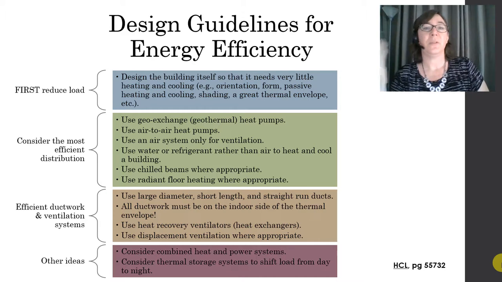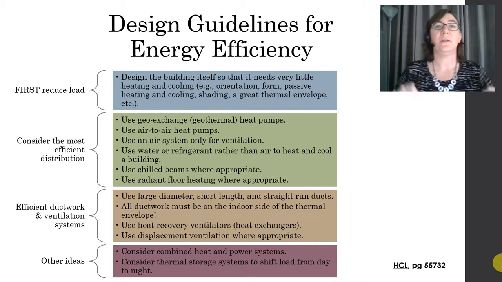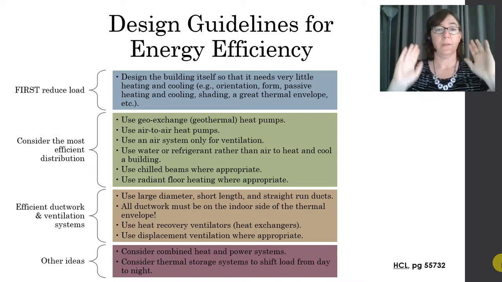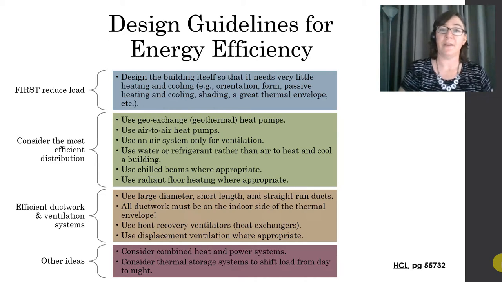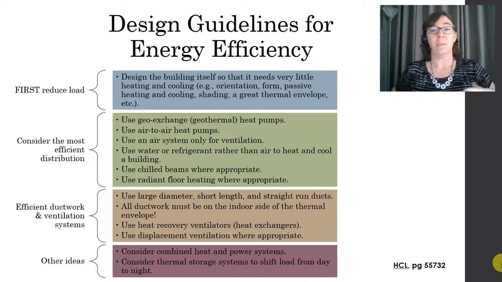Right. Next, there's a lot of things you can do to consider the most efficient distribution of heat from your heating and cooling equipment. Remember that it can be distributed by air, water, or electricity. All right, so consider some different ways to do that. Next, you want to plan efficient ductwork and ventilation systems.